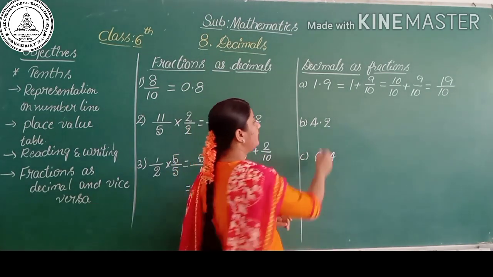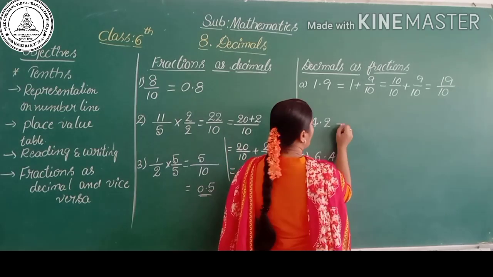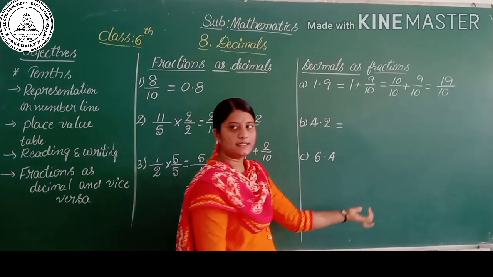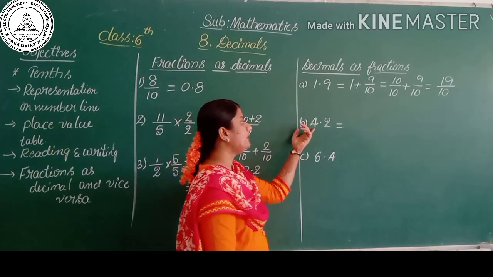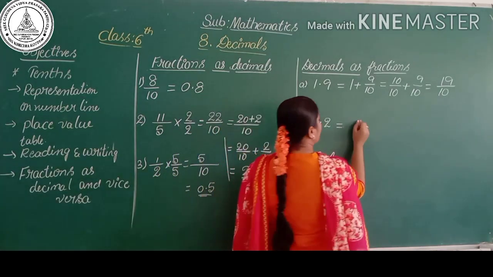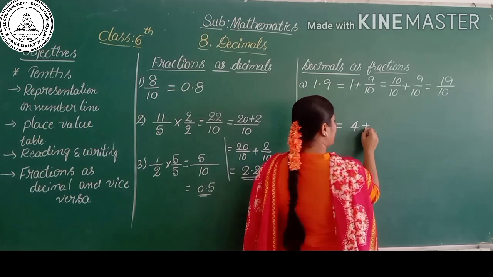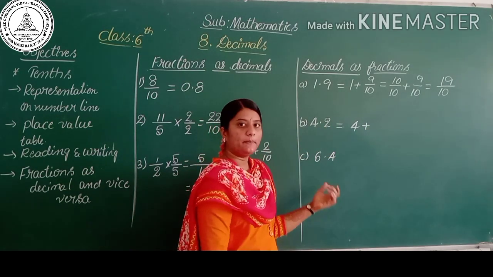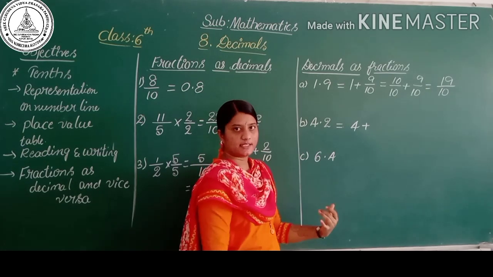Let's do 4.2. In 4.2, 4 is the whole part and 2 is in the decimal part. So write the whole part as 4 and keep the plus. After the decimal point, in the tenths place there is a 2, which means 2 tenths, right?